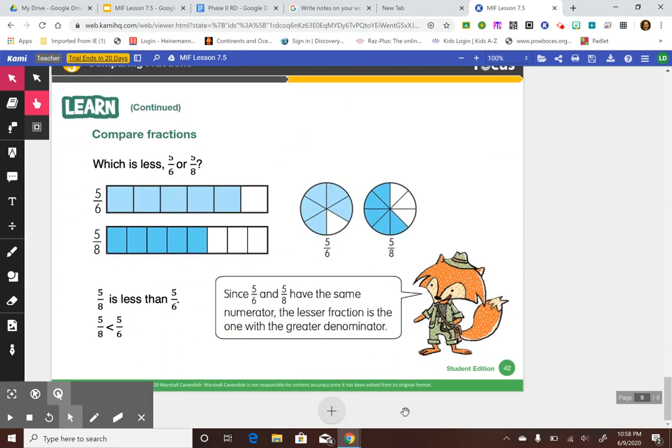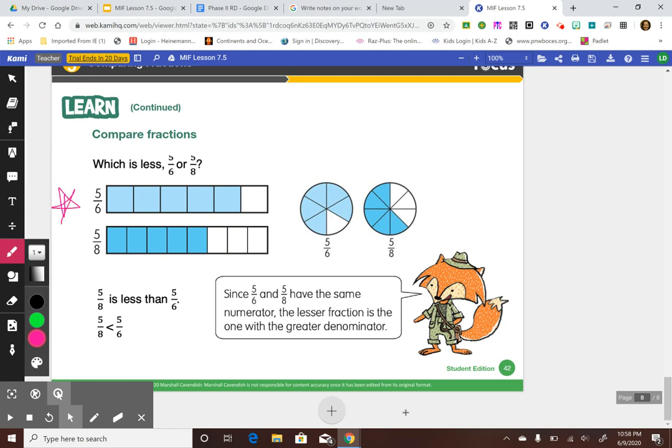Since 5/6 and 5/8 have the same numerator, the lesser fraction is the one with the greater denominator. This sometimes confuses kids, but if you ask yourself, which pieces are bigger, sixths or eighths, it might help you visualize that eighths are smaller pieces.